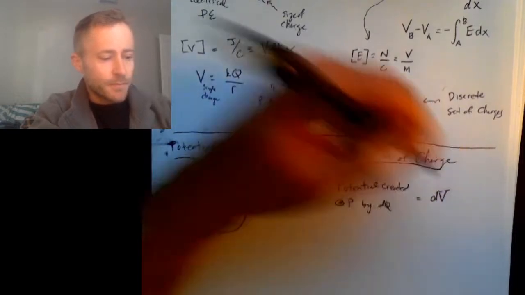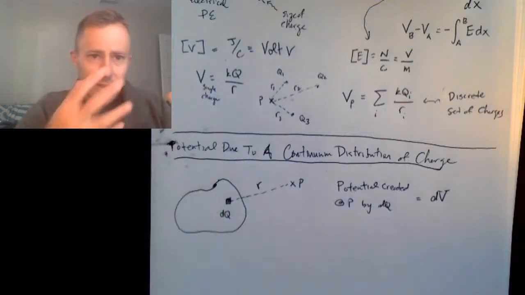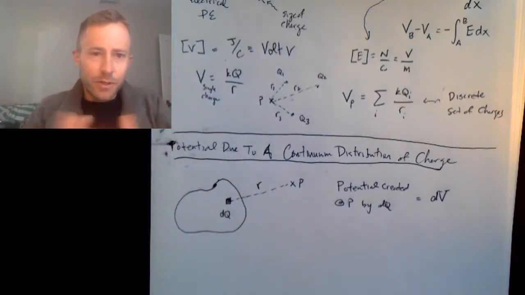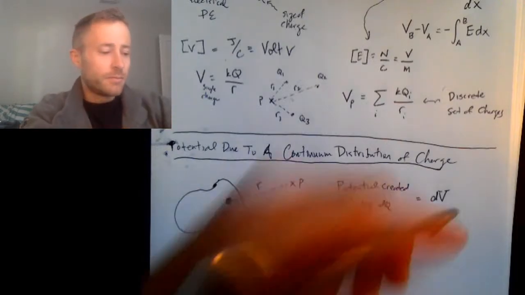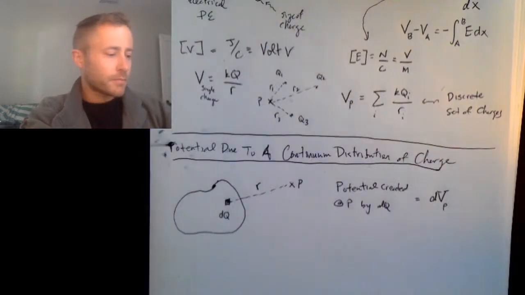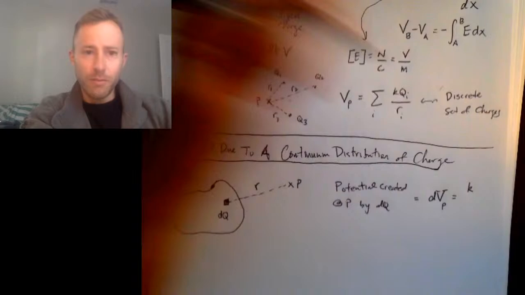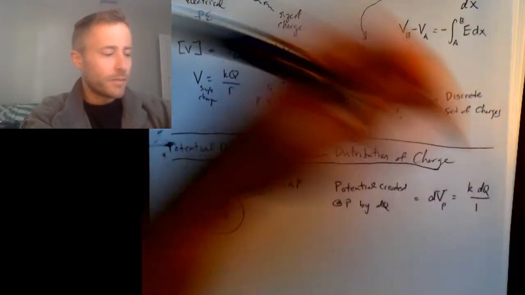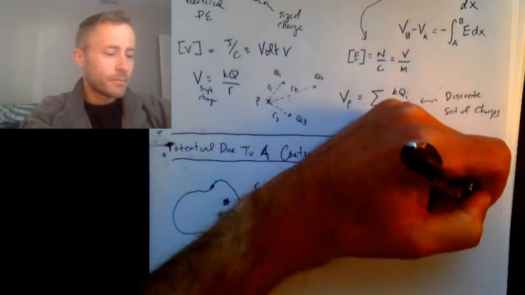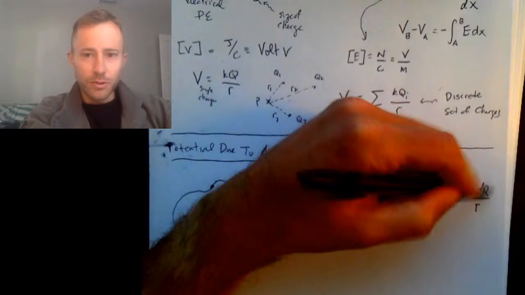All right? So remember, d means an infinitesimal amount. So an infinitesimal amount of charge is going to create an infinitesimal amount of potential at the point P. And that is equal to just the same formula, K dq over R. All right? The only difference is it's just a really small amount of charge.